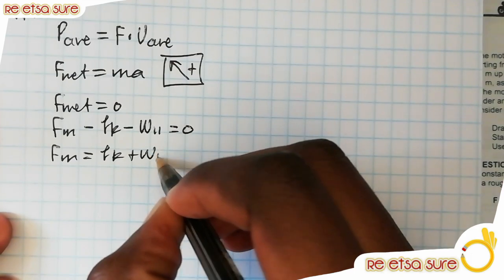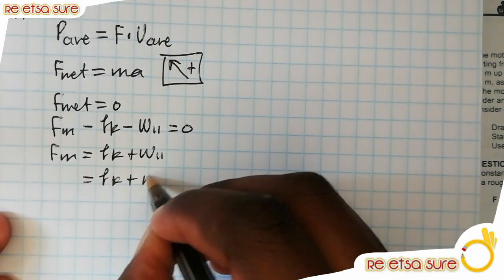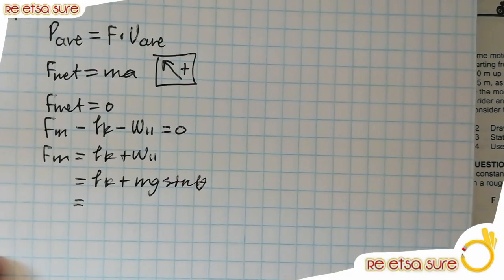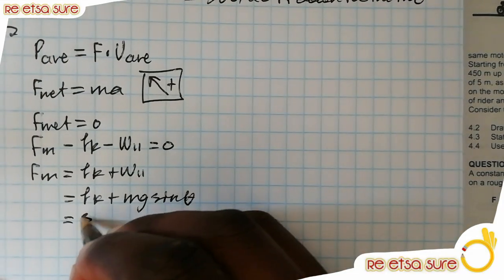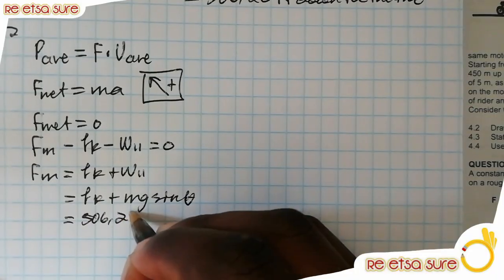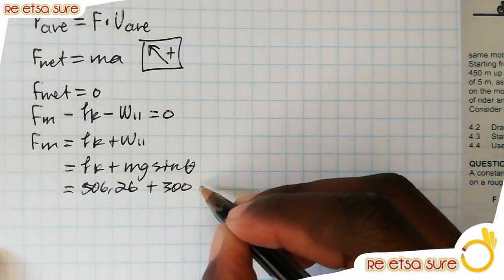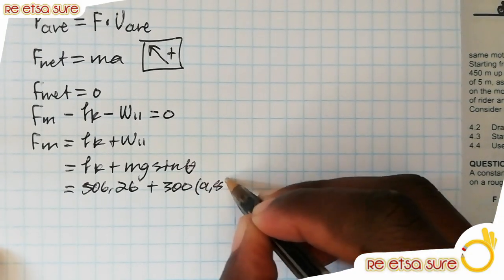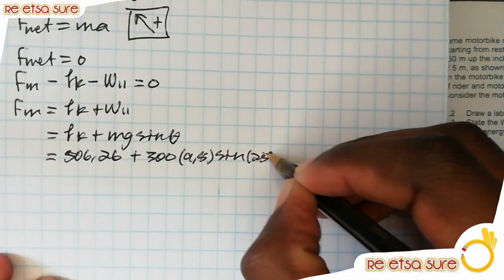Force of the motor is equal to Fk plus W parallel, which is mg sine theta, right? Now what is our frictional force? It is 506.26 newtons plus the mass of our object, 300 kilograms, times 9.8 sine of, what is our angle? 25 degrees.